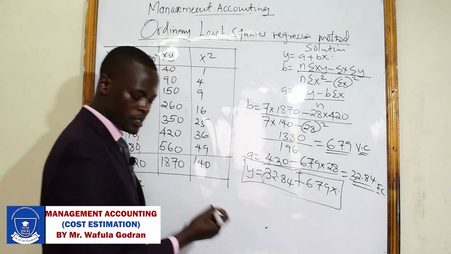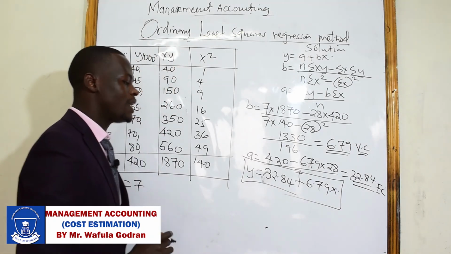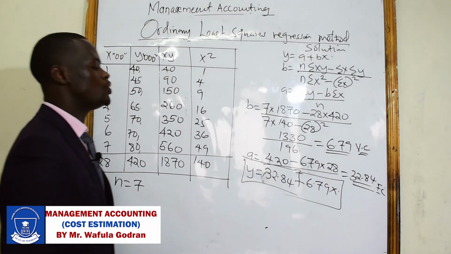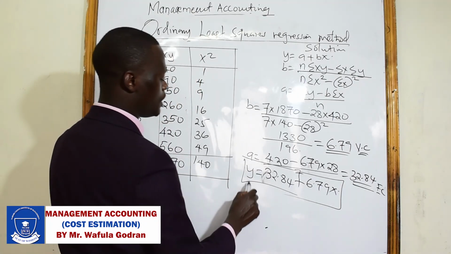Like for example, in this question, Roman 3, they asked us what will be the cost of producing 850 units. So 850 units will be just like this.